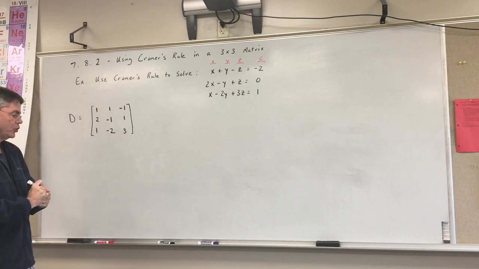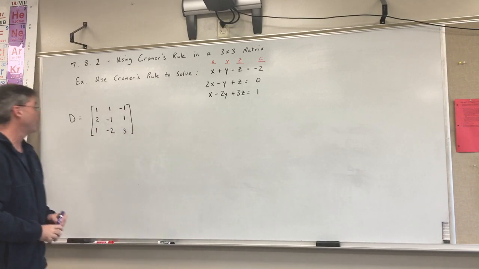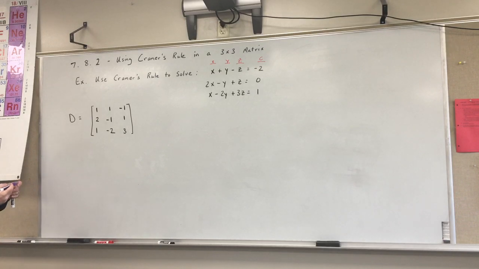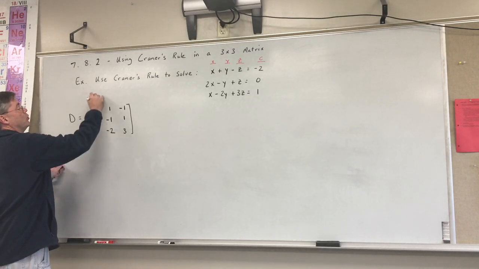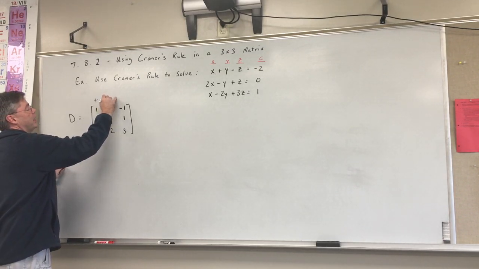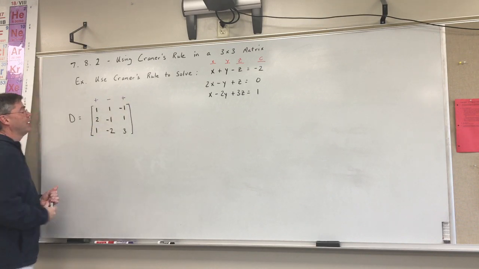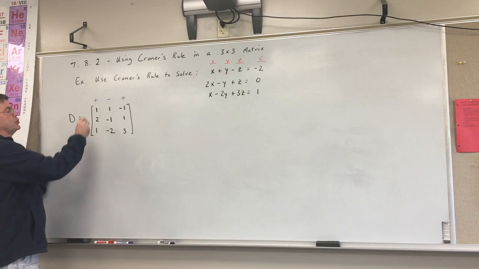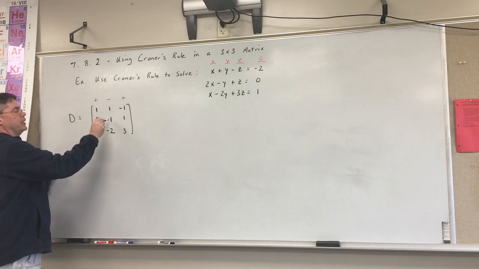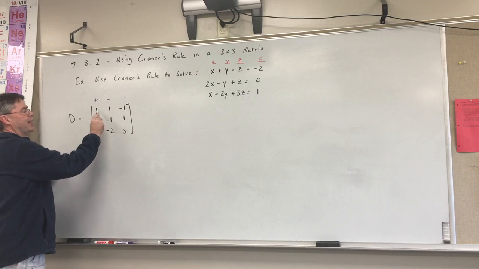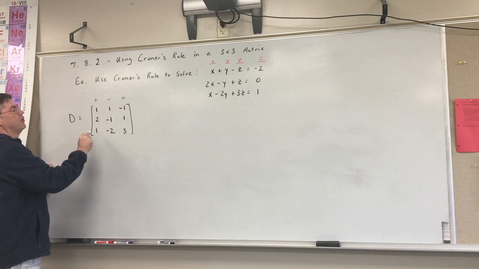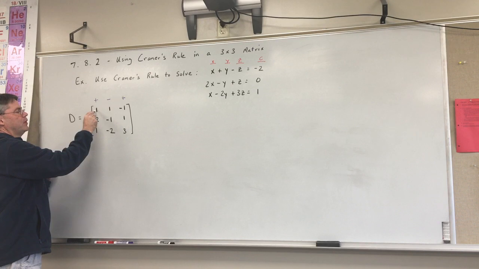Now, you can either use the diagonal method or you can use the row column method. For this problem, I'm going to use the row column method. So plus, minus, plus. Remember, in the row column method, we'll start with this 1, and then we're going to find the determinant of this little matrix here. So you cut out the row and the column of the top number.